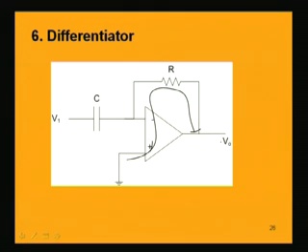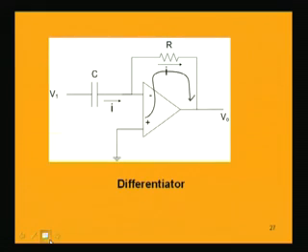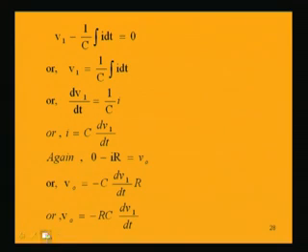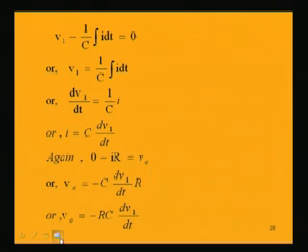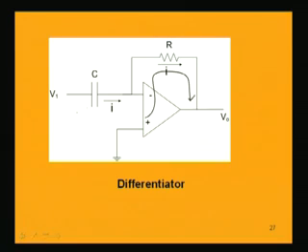Similarly proceeding, we will get it by applying Kirchhoff's voltage law again. That is V1 minus the drop across this capacitance, that is 1 by C integration I dt.